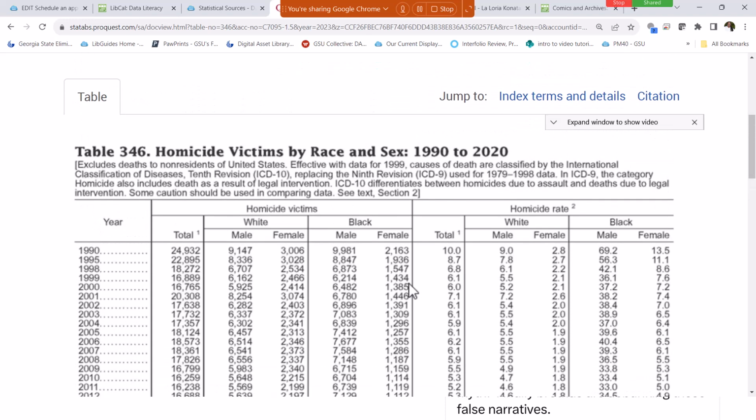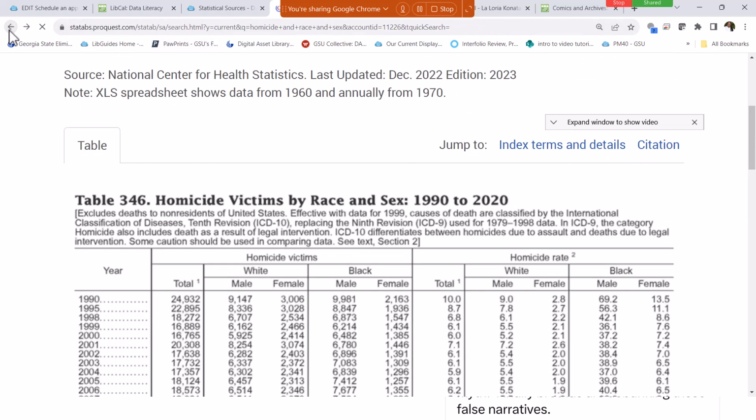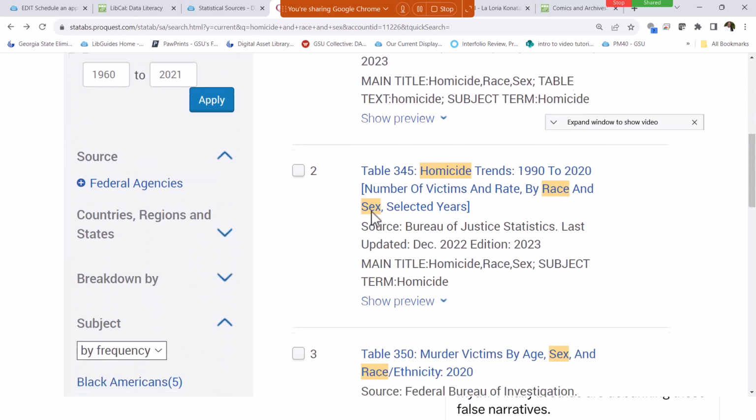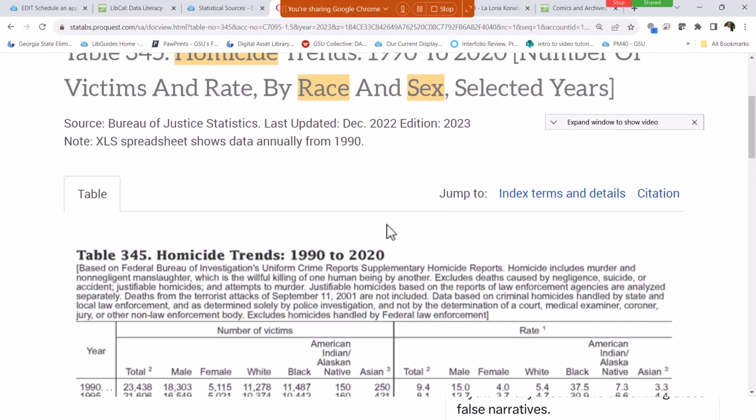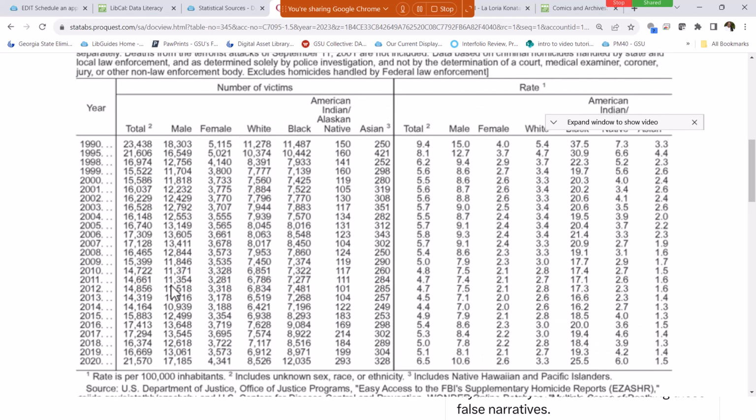Sometimes the numbers may be off, so, like here, make sure you read the notes that they have. This excludes non-residents of the United States. Okay, so if we go back, okay, 2019.